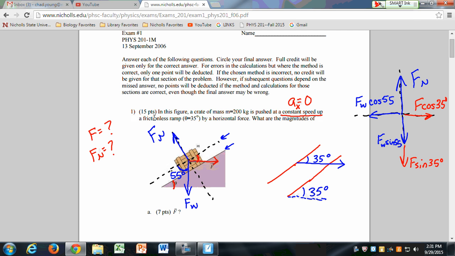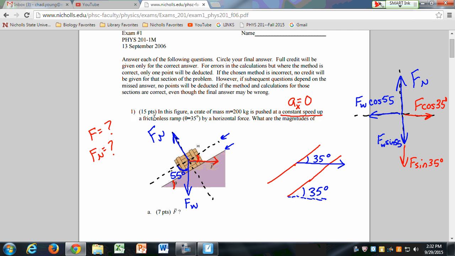Notice that normally with our inclined plane, this angle is 90 minus this. But notice here, this angle is 35. That's from the x-axis as it's drawn. So just be careful. You sort of have to know some geometry about the angles in order to work these. I think that y'all are pretty good at the geometry part.